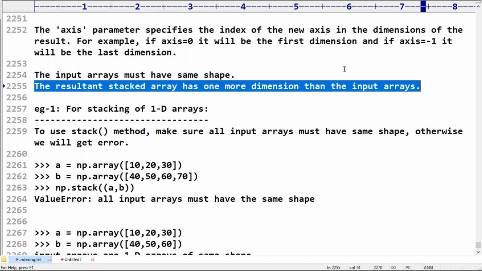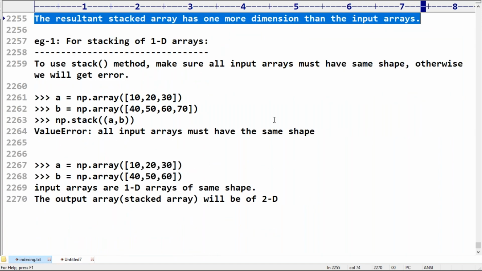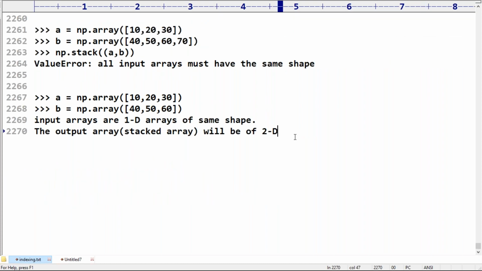So if I stack two one-dimensional arrays, it will become a 2D array. Slowly you are getting the idea. Different shapes are not allowed, the same shape is compulsory.